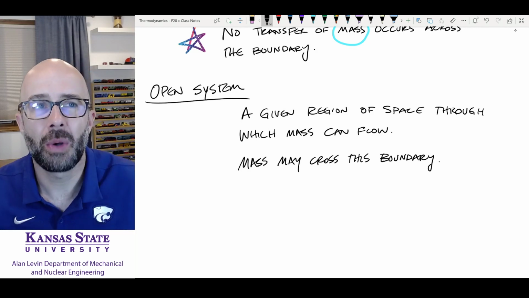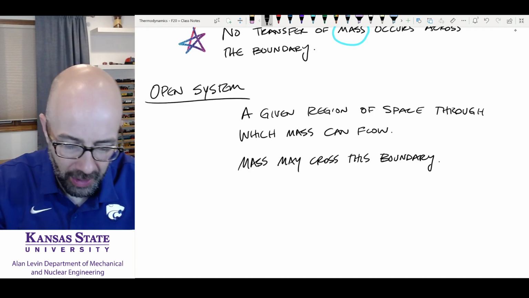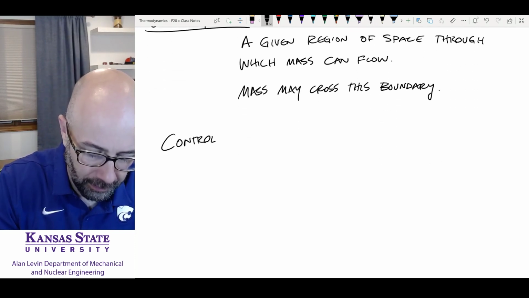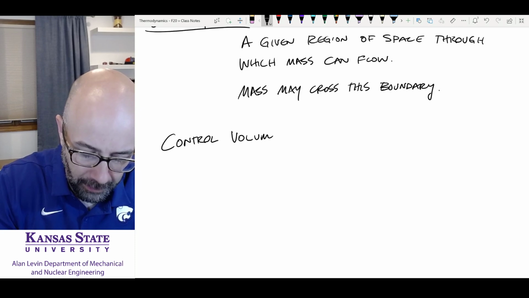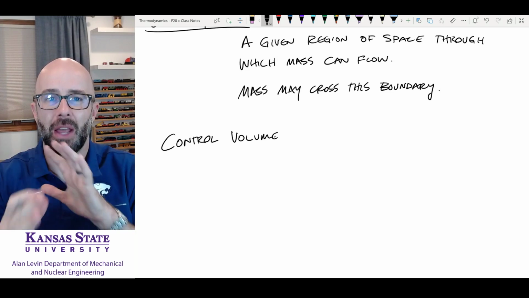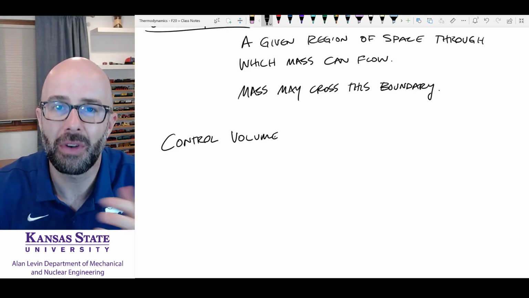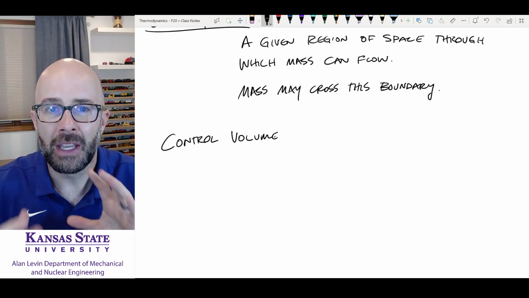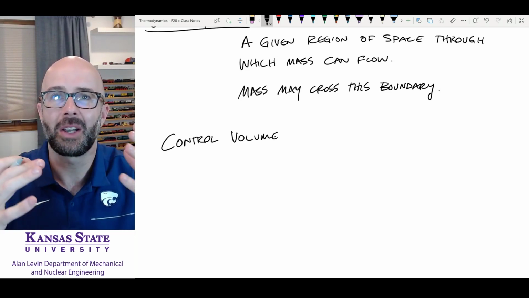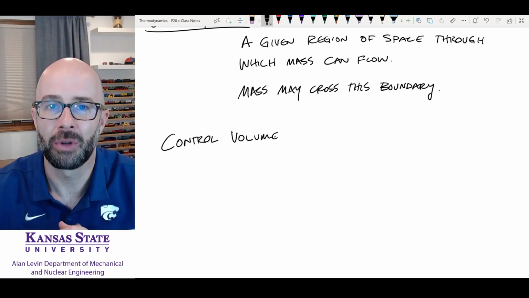I want to let you know that there's going to be some words that you're going to hear. You're going to hear the word control volume. Okay, what does control volume mean? Well, if I put a boundary, a three-dimensional boundary around something, it's a volume, right? And if I control that volume, that's basically talking about a three-dimensional boundary.